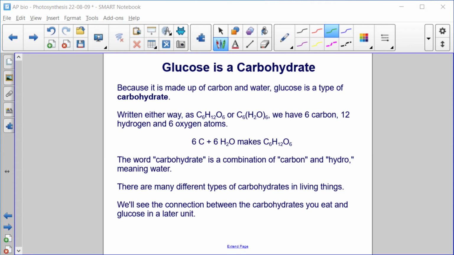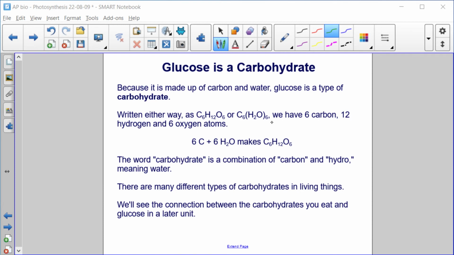Written either way, as C6H12O6 or C6 and then (H2O)6, we have 6 carbon, 12 hydrogen, and 6 oxygen atoms. The word carbohydrate is a combination of carbon and hydro, meaning water. There are many different types of carbohydrates in living things.